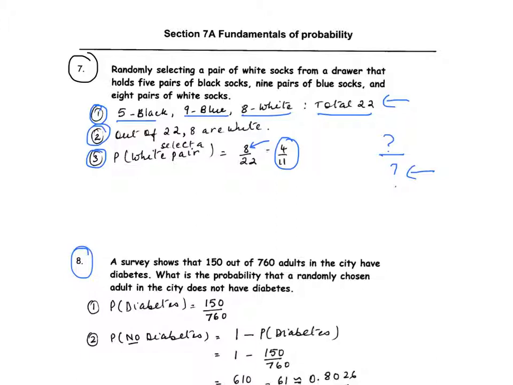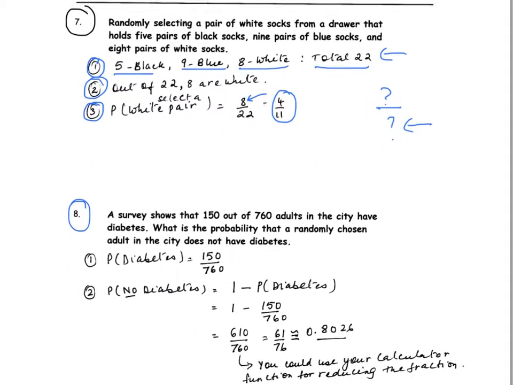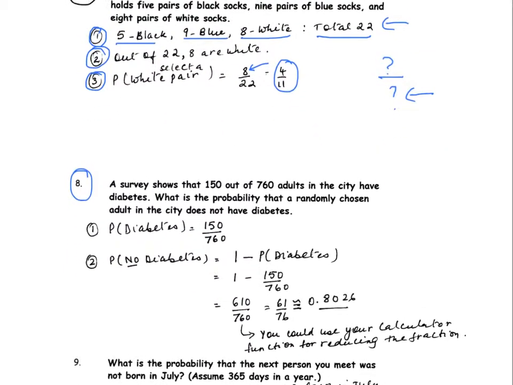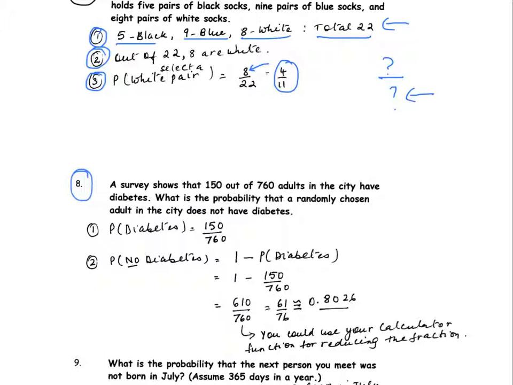The next problem is giving us some information. It says a survey shows that 150 out of the 760 adults in the city have diabetes. What is the probability that a randomly chosen adult in the city does not have diabetes?